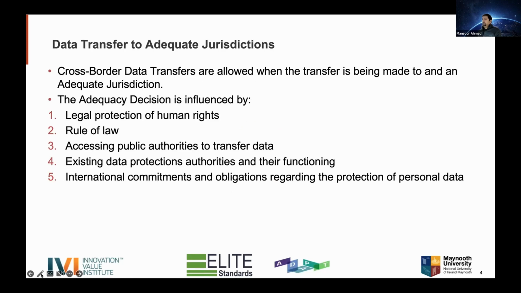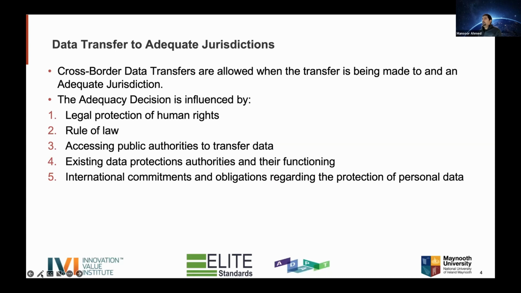So for data transfer, we have some adequate jurisdictions for cross-border data transfers. These adequacy decisions are influenced by the legal protection of human rights in the specific country where the data resides. What are the different rules of law for that country?